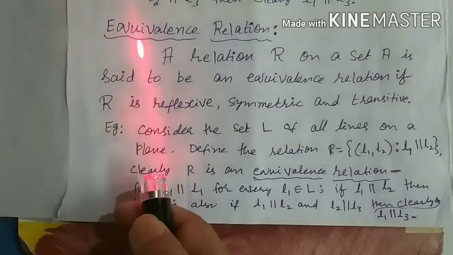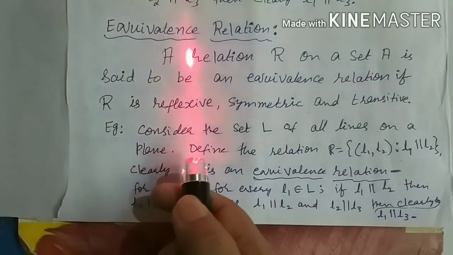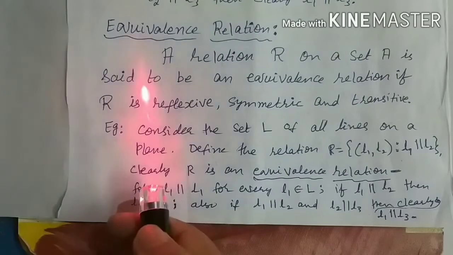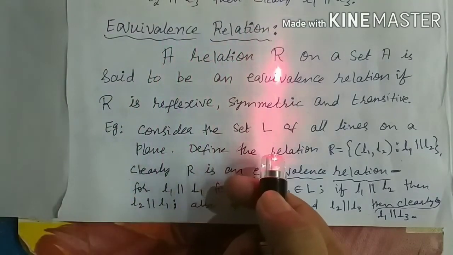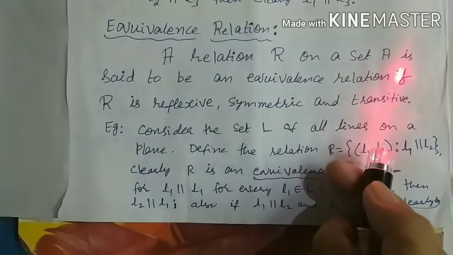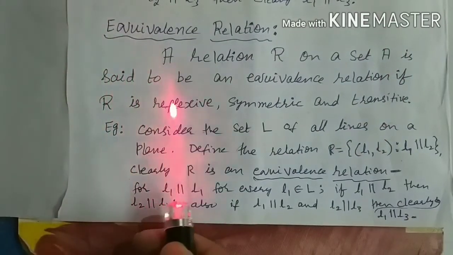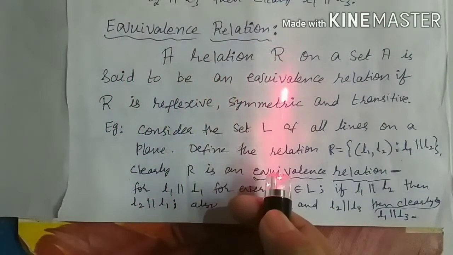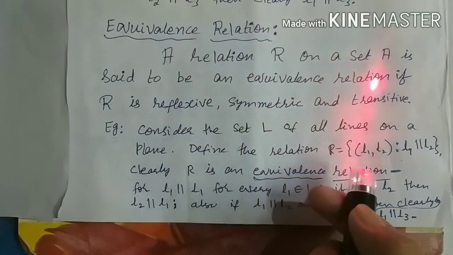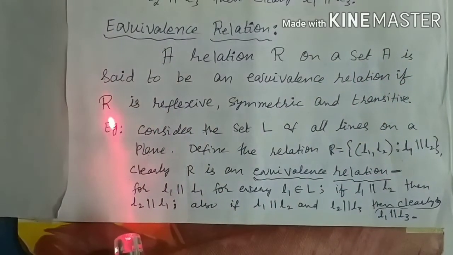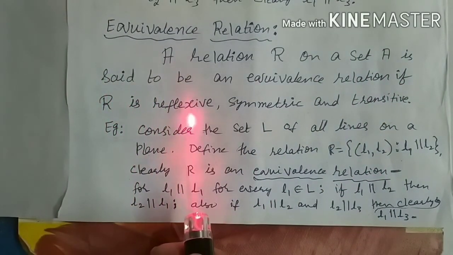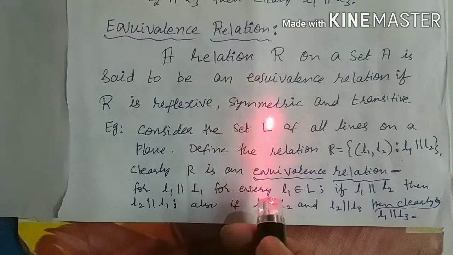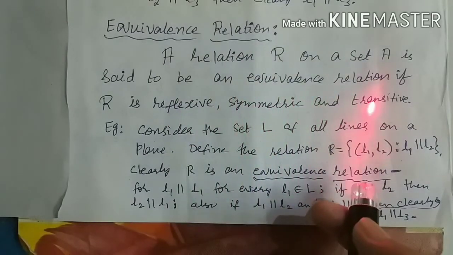Next, we pass on to the next relation, the equivalence relation. A relation R on a set A is said to be an equivalence relation if R is reflexive, symmetric, and transitive.